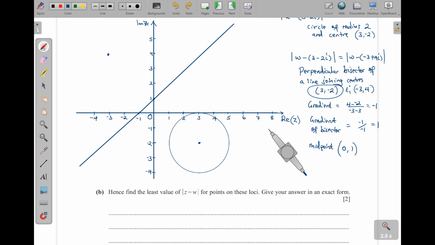The Z values, since they are on the circumference of this circle, that means we are going to consider the shortest. Look at from the circumference, maybe here, you check with this, with that. All of these ones are going to be bigger. So our value that we are looking for is this one, from this point here to this point here.